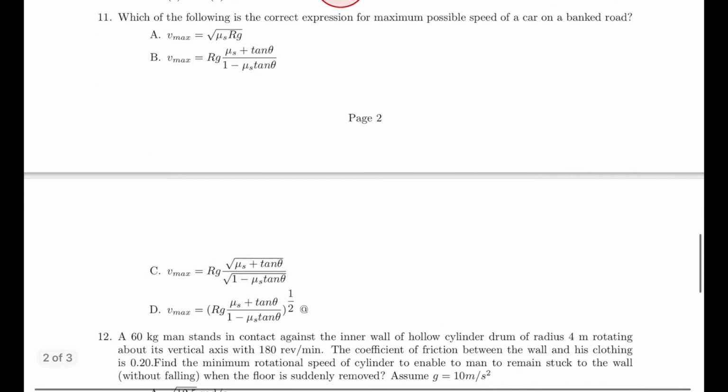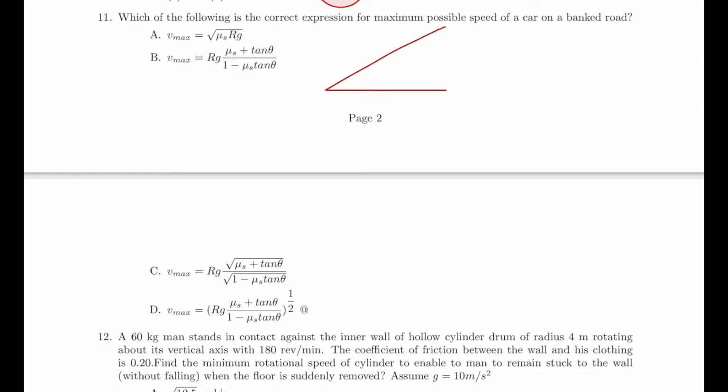Now which of the following is the correct expression for the maximum possible speed of a car on a banked road? So let's draw the free body diagram. Suppose this is the banked road and the car is like this. Banking is theta. There is this mg. This is the frictional force.